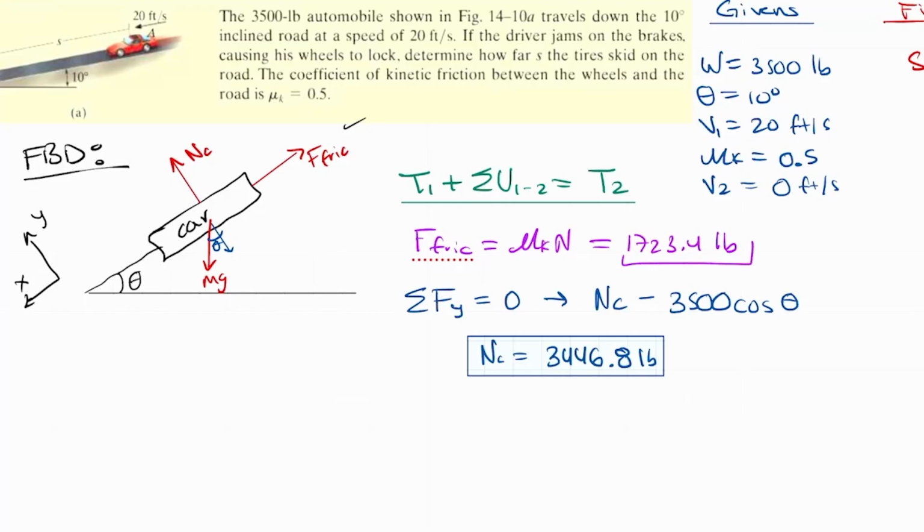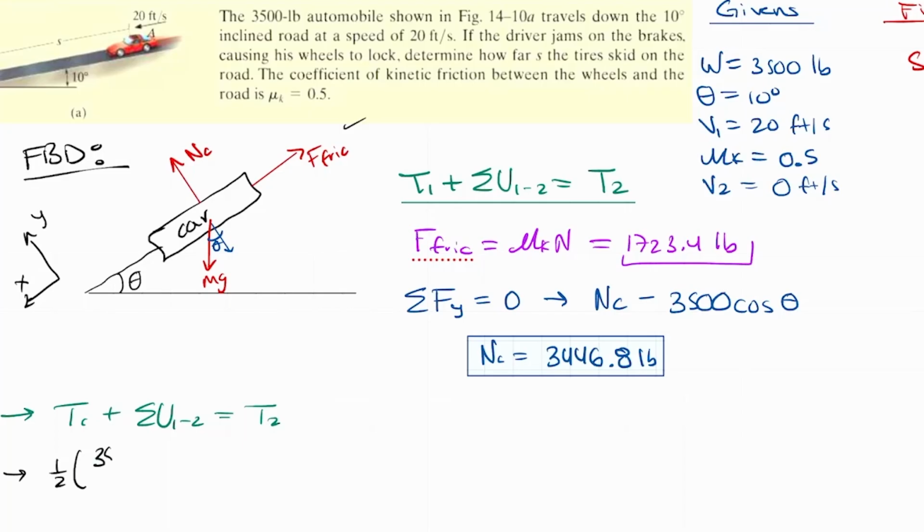All right, so we have the forces. We know all the forces, so now let's apply the equation that we said before. T1 plus the sum of work from 1 to 2 is equal to T2, where T1 is equal to 1/2 the mass.